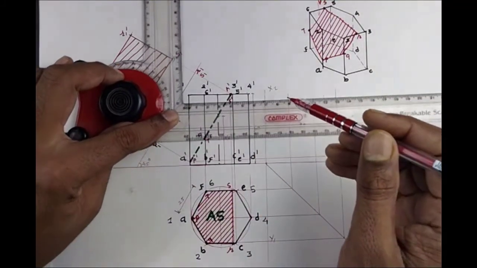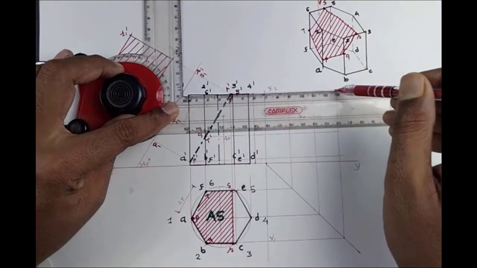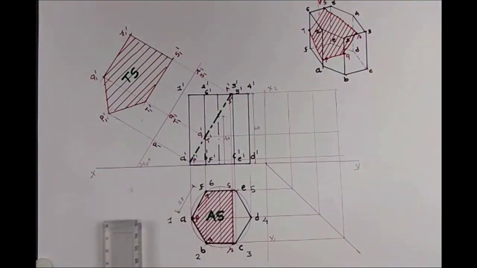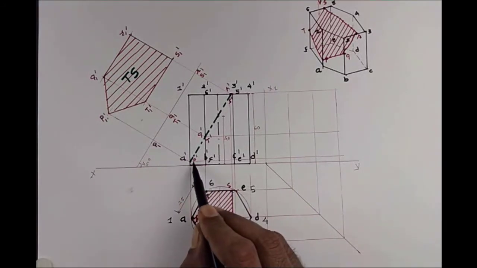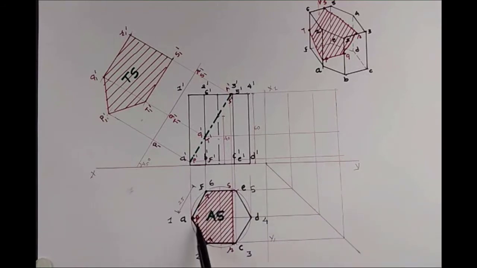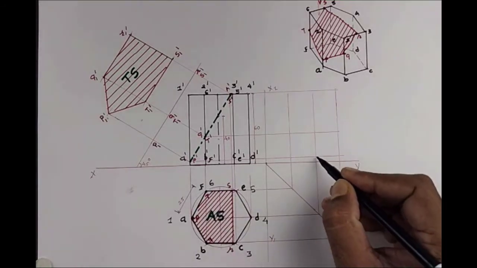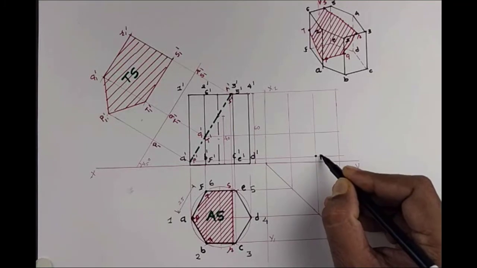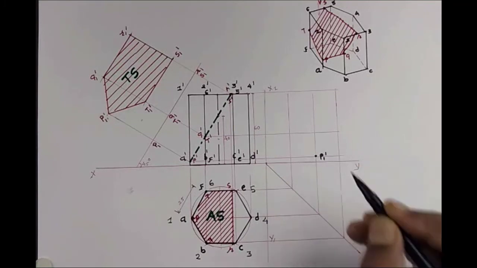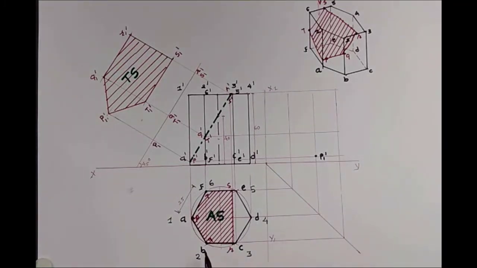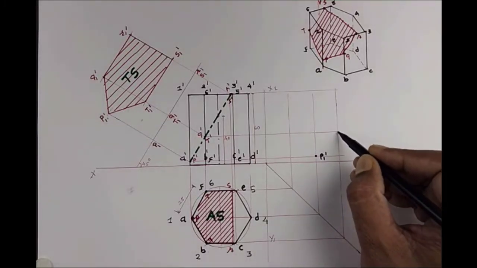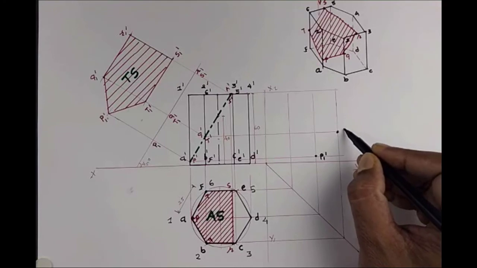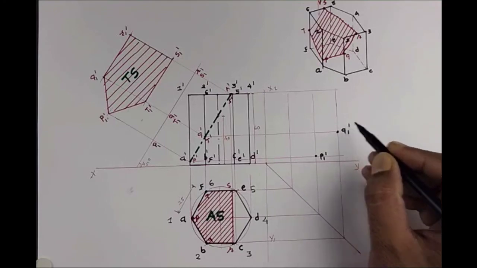So here we mark the points. This is my P dash, this is P. So this is our side view point P1 dash. This is our Q and R. So this is our Q1 dash.